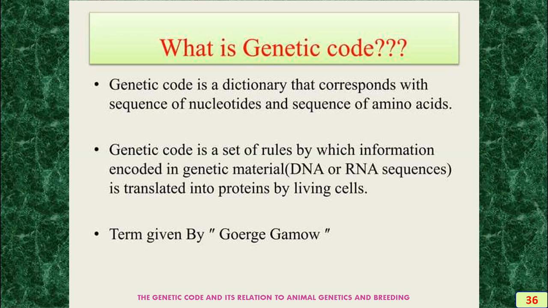Then, what is a genetic code? To sum up all these things, it is a dictionary that corresponds with the sequence of the nucleotides. It is a term given by George Gamow. The genetic code is the set of rules by which information flows from the DNA or RNA sequence.